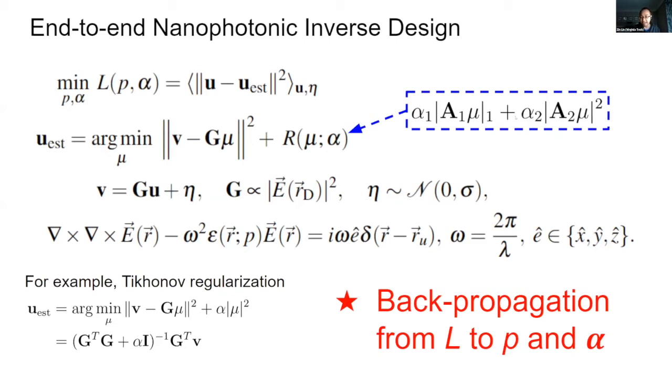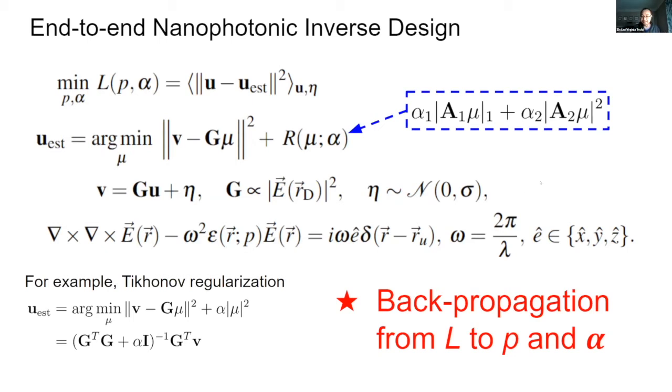Usually we look at constraints, basically the L1 regularization or the L2 regularization, which try to enforce things like sparsity, smoothness of the reconstructed solution, noise robustness, those kinds of features, into the reconstructed solution.